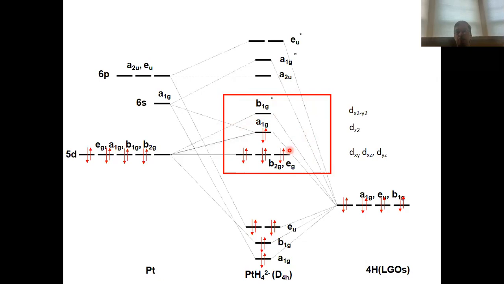square planar ligand field, okay, which is produced by the hydrido ligands. Okay, so now that means also that these orbitals here are the most relevant to construct our band. Okay, so these ones are strongly bonding, and we will neglect them.